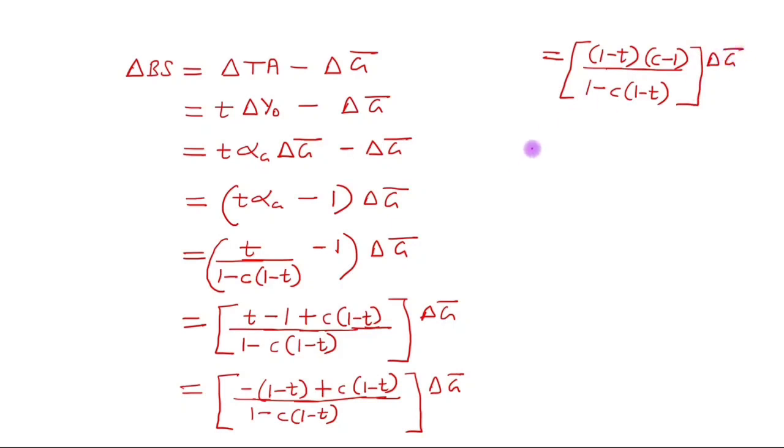And the last step, we will take minus 1 common from this bracket, it will be minus 1 minus t and 1 minus MPC upon this term, change in G bar.